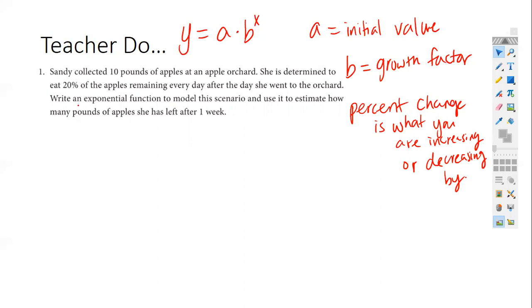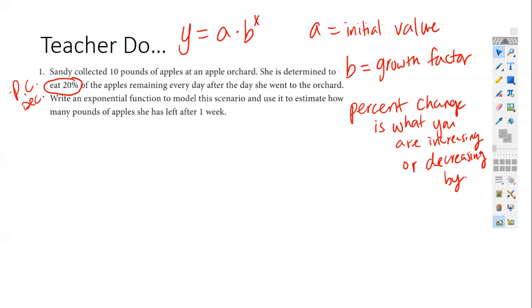So it says here, she's determined to eat 20%. So eating 20%, that's our percent change. Does that make sense? I'm just going to write PC. Are y'all fine with that? And she's eating, so is that an increase or decrease? It's a decrease. We agree? So this is a decrease in what we have.